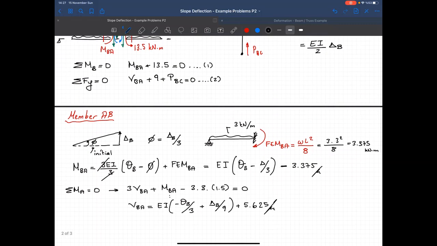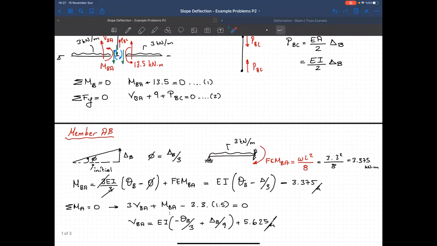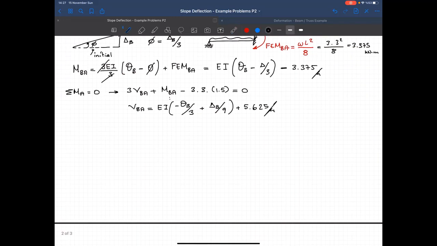And if you go back to the equilibrium equations, we know what PBC is, VBA is, and MBA is, and we can write down these equilibrium equations in terms of theta and delta. So let's do that. Equilibrium equations.